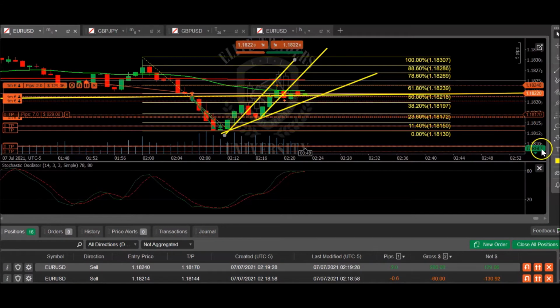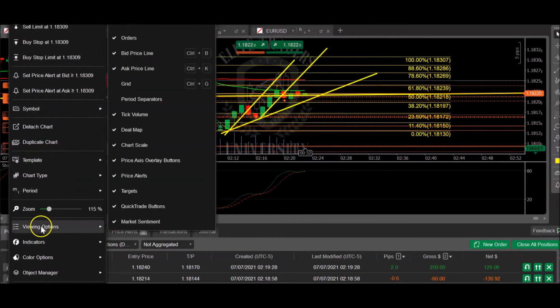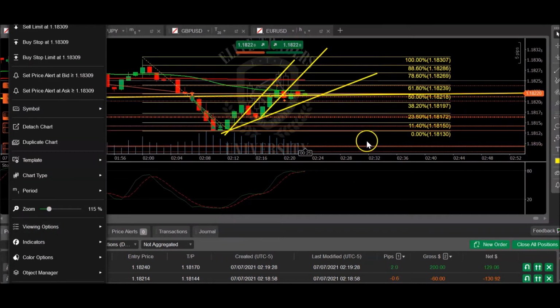I don't normally follow those targets. They're fairly distracting. In fact, I can turn them off. Go here, right click, go to options and turn off target. There we go.